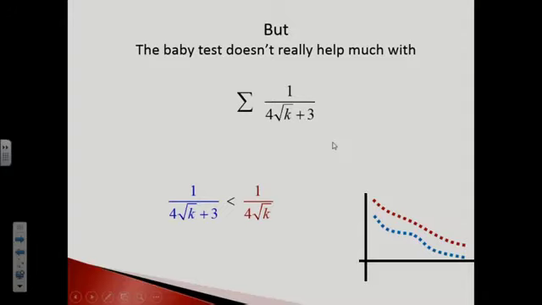So, sigma 1 divided by 4 square root of k plus 3 is dominated by the divergent series sigma 1 divided by 4 square root of k, which means the comparison test cannot be used to determine the convergence of the given series. In such situation, the following test is often useful.